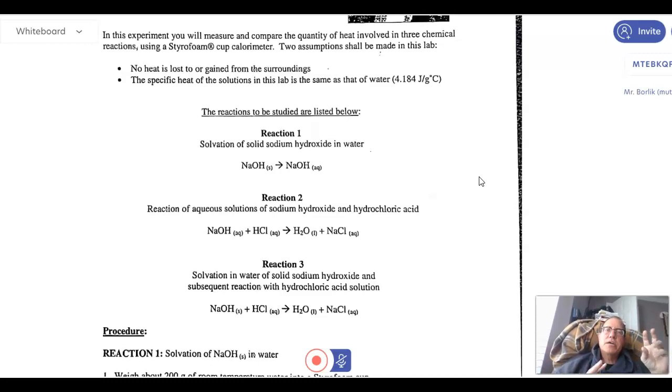An interesting fact about sodium hydroxide: if I put a pellet on the lab table, the next day the students would come in and it'd be in water, because it's very hygroscopic. What that means is the sodium hydroxide pellet pulls water out of the atmosphere to itself, becomes a liquid and then turns itself into a solution. That is one of the properties of sodium hydroxide.